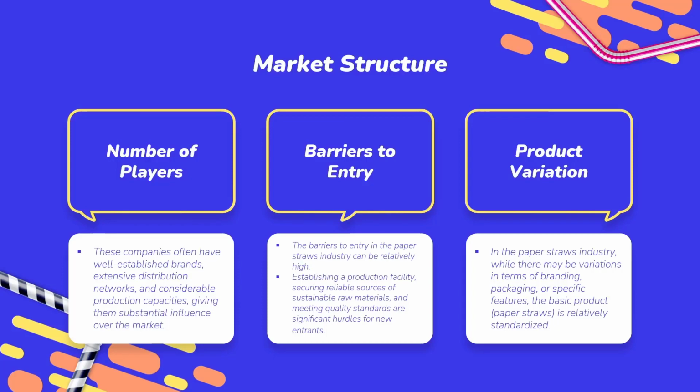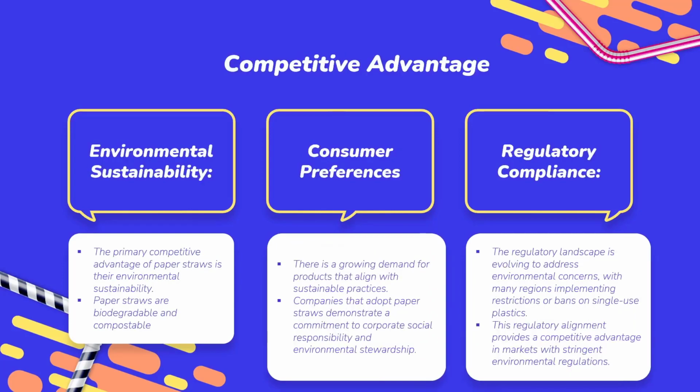Establishing a production facility, securing reliable sources of sustainable raw materials, and meeting quality standards are significant hurdles for new entrants. In the paper straw industry, while there may be variations in terms of branding, packaging, or specific features, the basic product, which is paper straws, is relatively standardized.